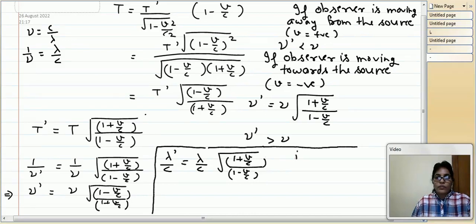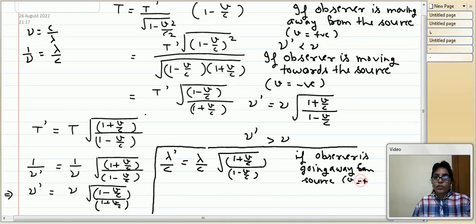Now if the observer is going away from the source, that is V is positive, then what will happen? This factor will be greater than 1, so lambda dash will be greater than lambda.